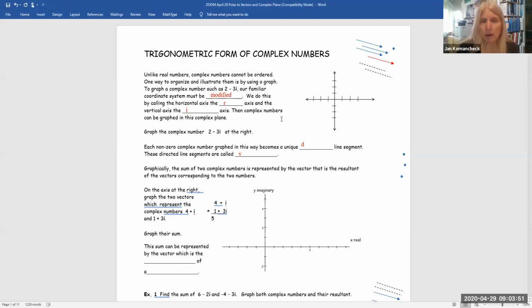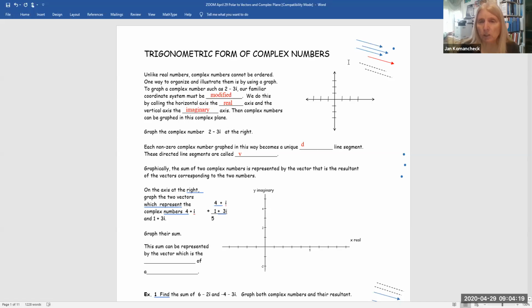We do this by calling the horizontal axis, instead of the x-axis, the real axis, and instead of calling the vertical axis the y-axis, we're going to call it the imaginary axis. Then, even though we can't order the complex numbers, at least we can graph them in what is called the complex plane.